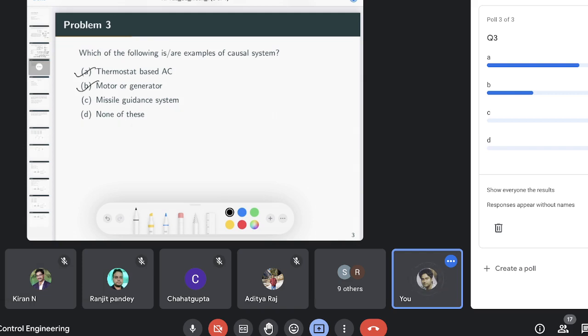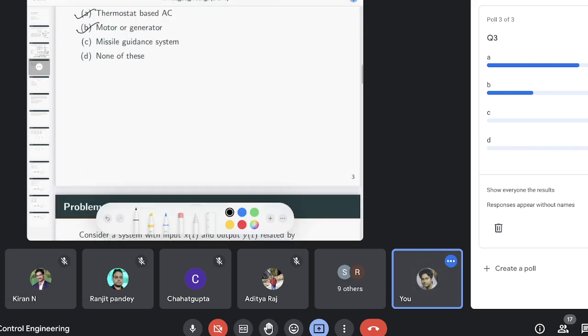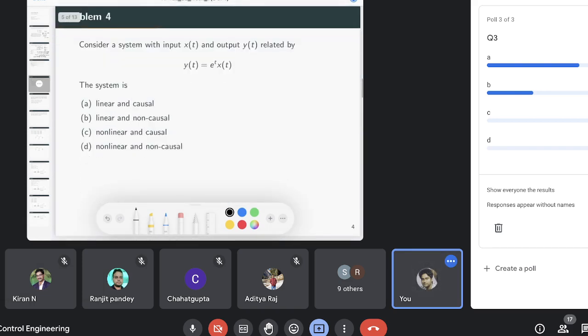Okay, then we can move to the next question. You have a system governed by a simple input-output equation, where y is the output and x is the input.